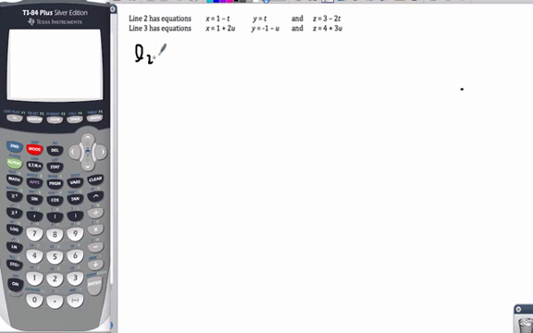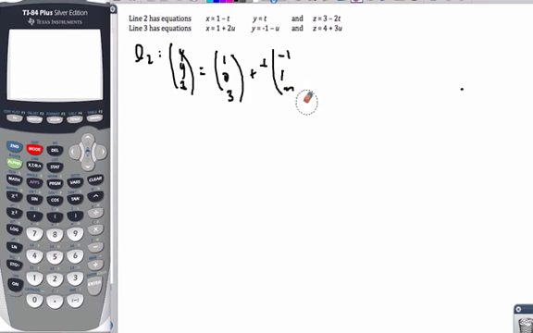I'm going to call line 2, I'm going to set it up so that it is x, y, z equals 1, 0, 3 plus t times negative 1, 1, negative 2.